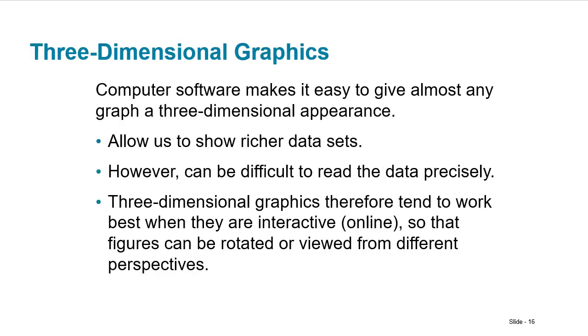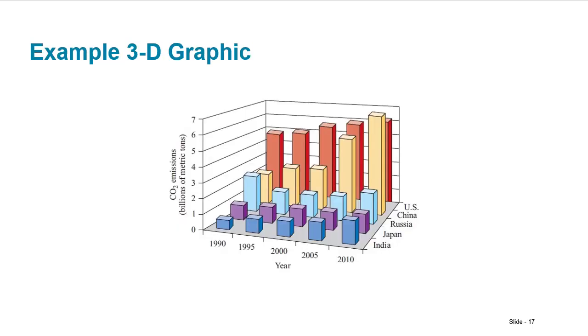Then you've got three-dimensional graphics. Now, they say three-dimensional graphics are great because it gives you a richer picture, but I think they can become misleading because it can overemphasize differences. Because you look at something and go, well, it's three-dimensional, so there's a lot more volume to this than this.